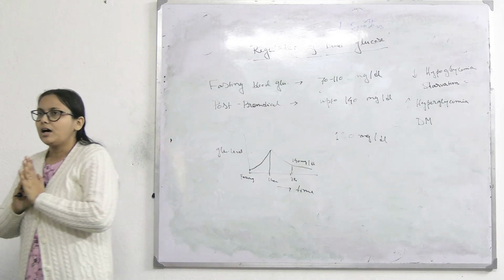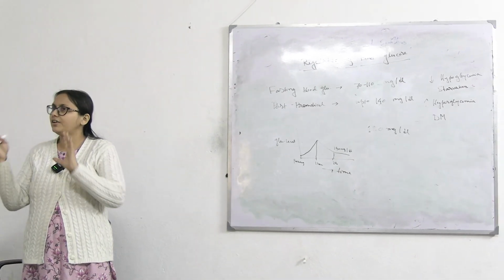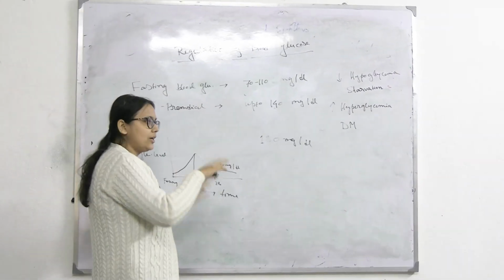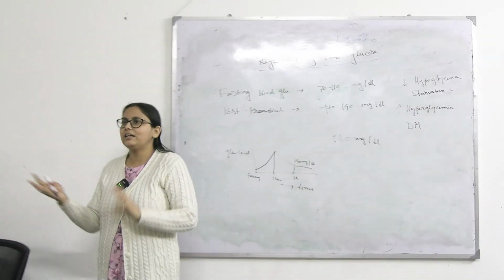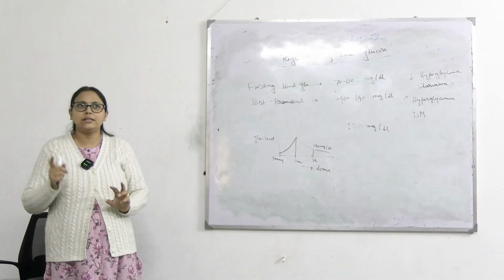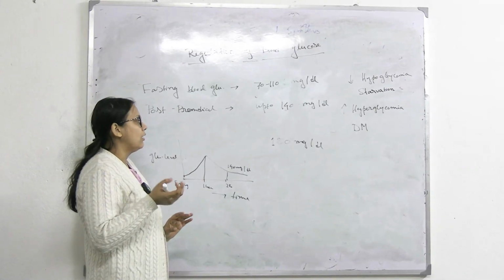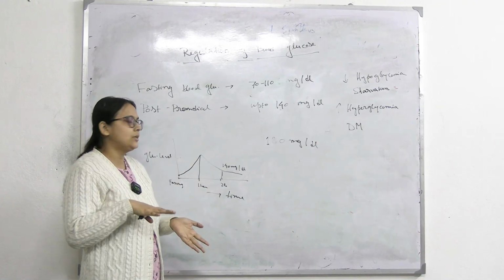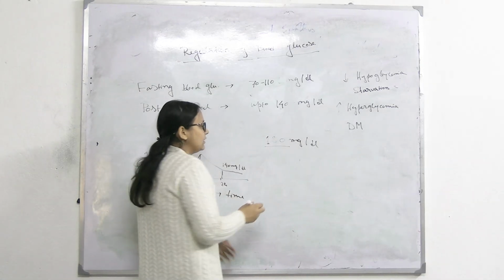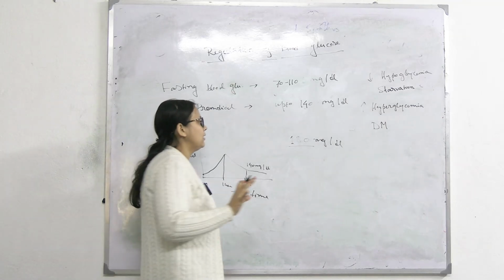Renal threshold means up to this level the kidney can reabsorb glucose. Like other molecules, glucose is also filtered through the glomeruli and then taken back. Okay, so up to this limit of 180 milligram per dl, the tubules are able to reuptake this glucose, but if it crosses 180 milligram per dl, then the glucose passes through urine. Okay, so there will be renal glycosuria.